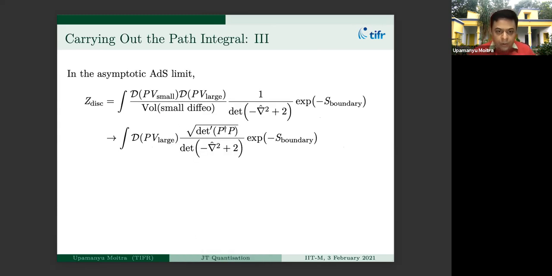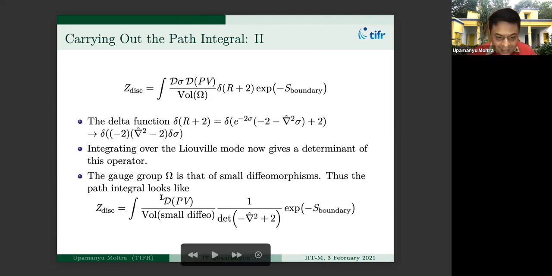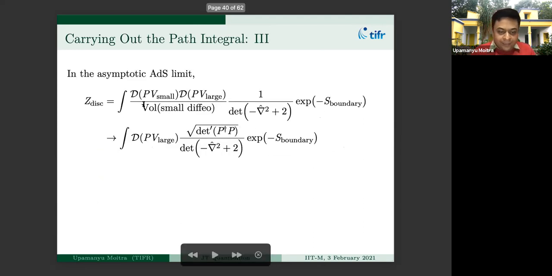And now in the asymptotic AdS limit, this d of PV factorizes nicely into d of PV small and d of PV large. And there's this volume of small diffeomorphisms, this determinant. So when we now carry out the integral of a small diffeomorphism, this gives a Jacobian factor of square root of delta prime of P dagger P, and we have this action.